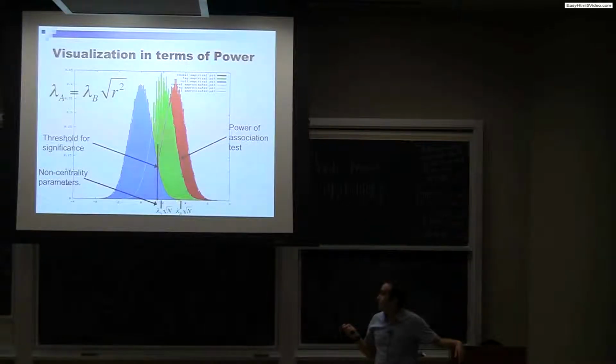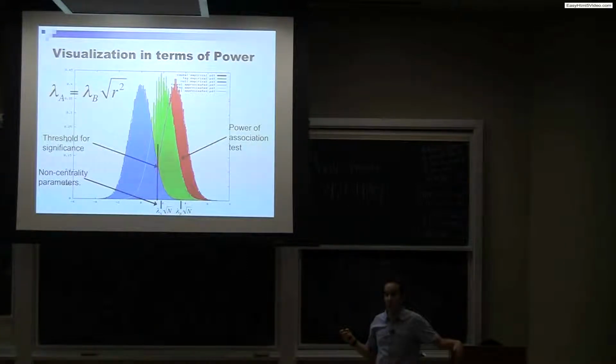So this green guy is going to be basically the mean, so the power is going to, you see what happens with the power? As R decreases, what happens in this curve? The green guy moves farther away from the red, and then less of the green area is above the threshold, so the power goes down.